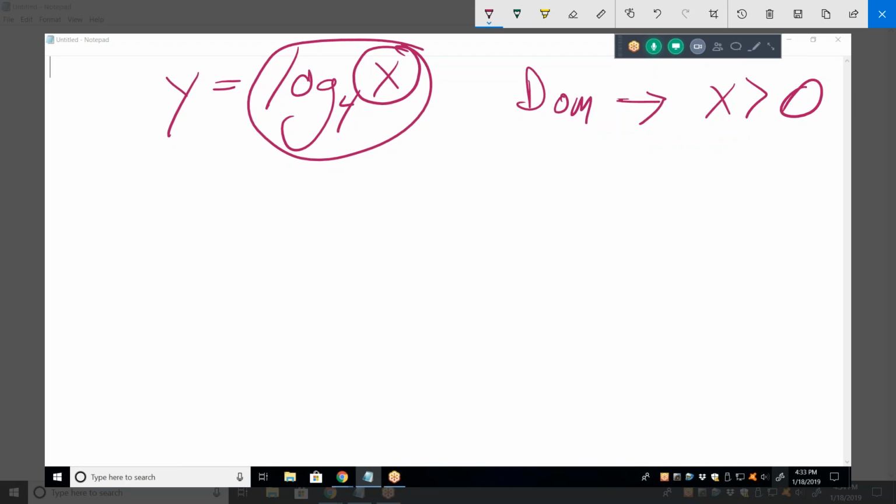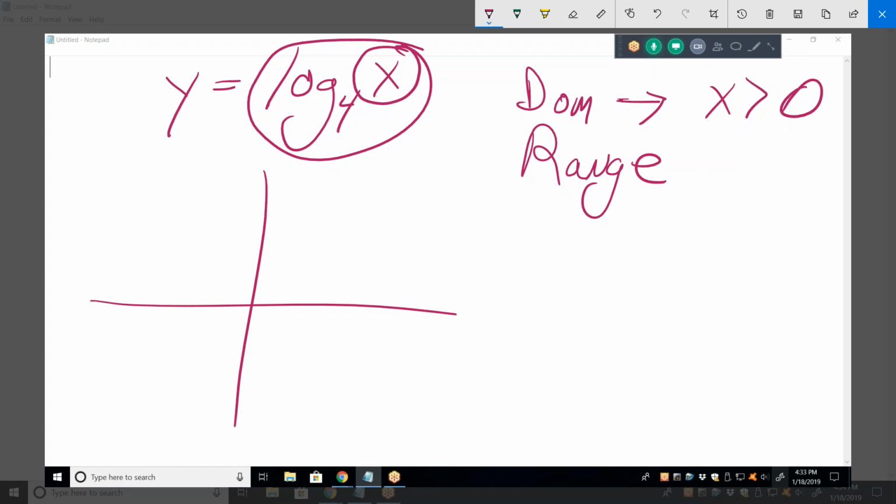Okay? The range. When you take logs, let me graph it. That might help. That is the graph of y equals log base 4 of x.